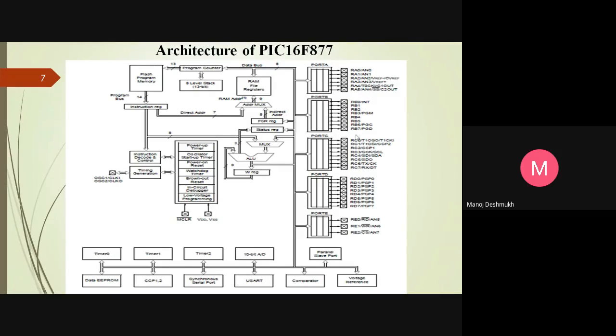Initially we will go with the basic function of a particular pin of a respective port. Similar to port B, for port C you have to draw 8 pins with the nomenclature RC0 to RC7, port D RD0 to RD7 and port E RE0 to RE2.